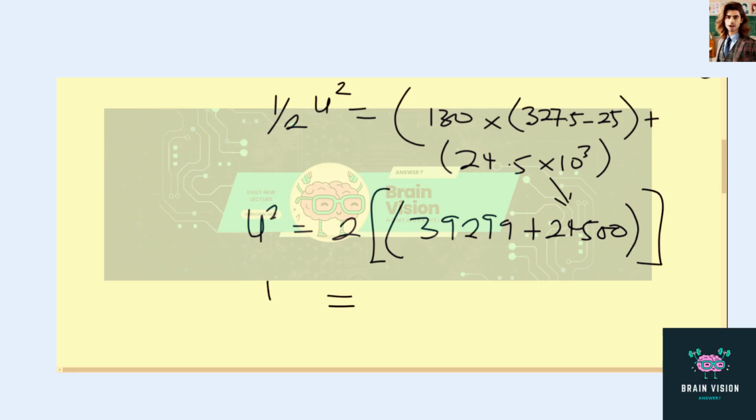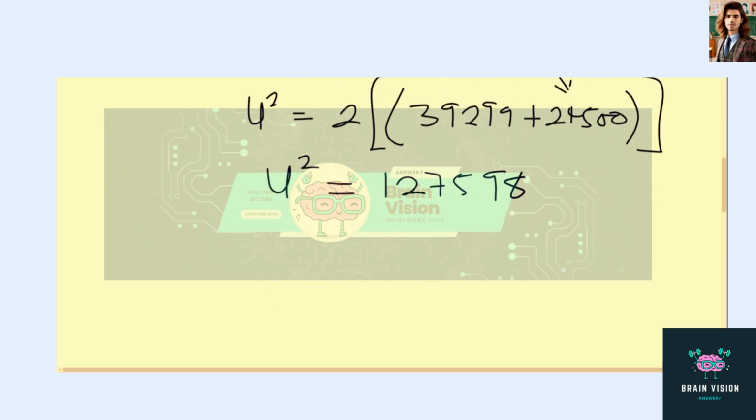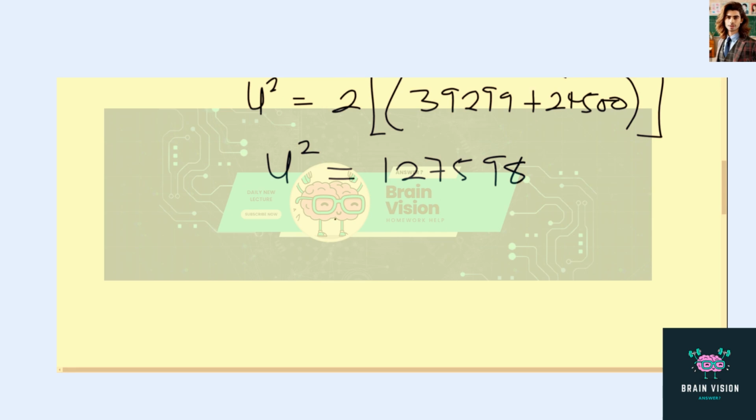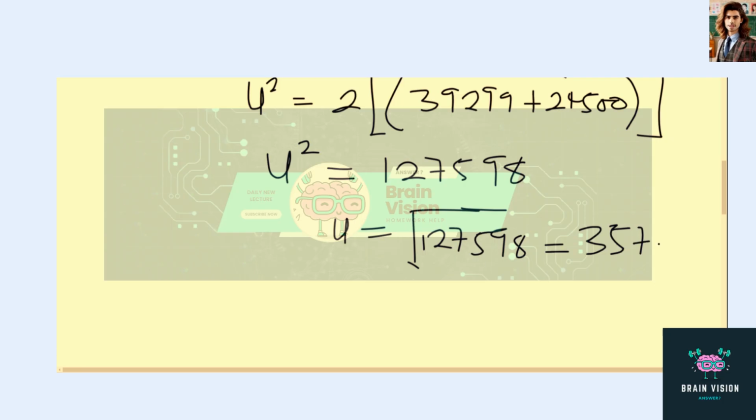So when we do that, we have u squared equal to 127598. So u is equal to the square root of 127598, and that should give us about 357.2 meters per second. So this is the initial speed.